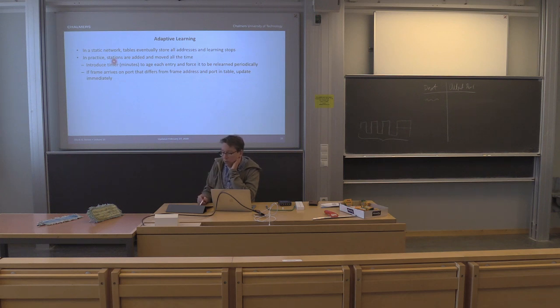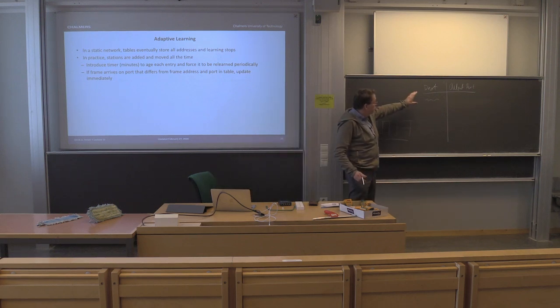So we need to be able to update these tables and forget about table entries also. So we introduced timers, on the average maybe minutes or so, to age each entry. Each row in the forwarding table has a timer associated with it.